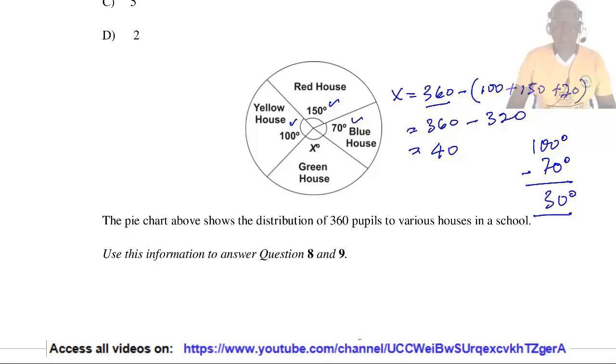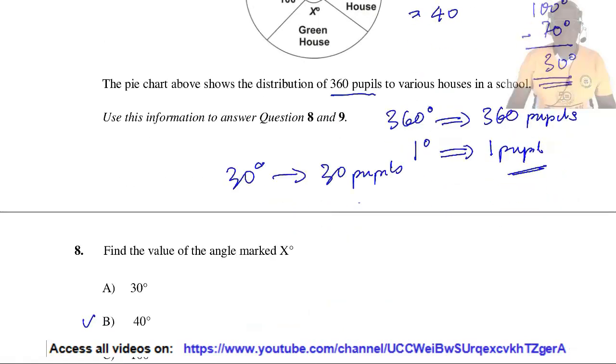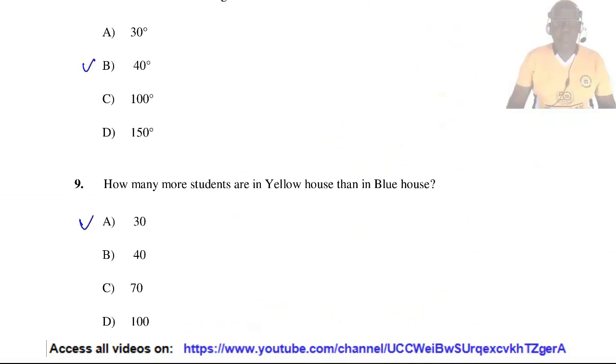Now, the sum of the angles in the pie chart would add up to 360 degrees, and this corresponds with 360 pupils. So 1 degree will correspond with 1 pupil. So 30 degrees over here will correspond with 30 pupils. So the answer is 30. That is A.